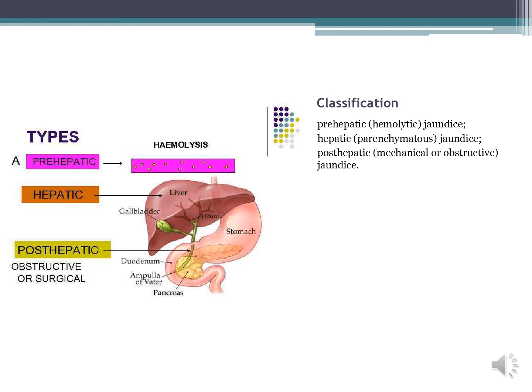So here on the picture at the left of this slide, we see prehepatic, or connected with hemolysis, or due to hemolysis of the erythrocytes; hepatic, due to the liver and gallbladder pathology; and post-hepatic, obstructive or surgical, during, for example, tumors formation or some surgery which may cause the problem of obstruction of the bile transport.